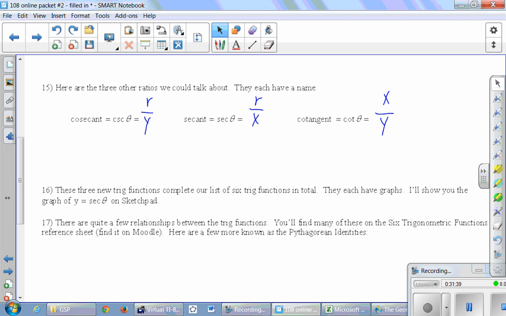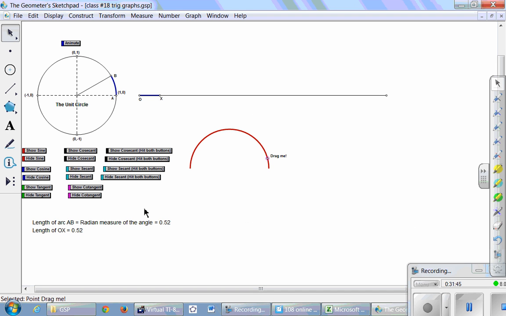We're not going to worry too much about the graphs of these 3 functions here, but we'll just take a quick peek at one of them. So secant theta, I'm going to click this button and this button. And it turns out that the secant of the angle is exactly the length of this line right here. So what is that line? Well, that line is just the standard line that the ray with the angle of theta makes.